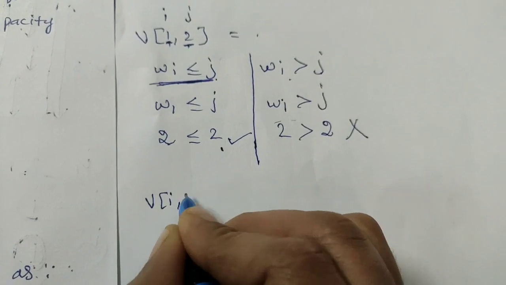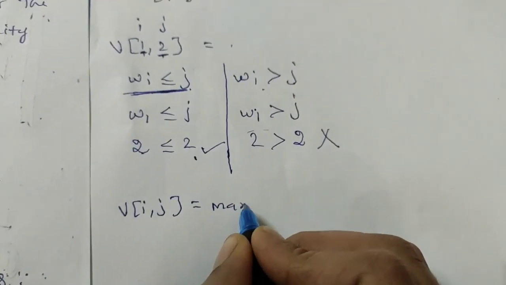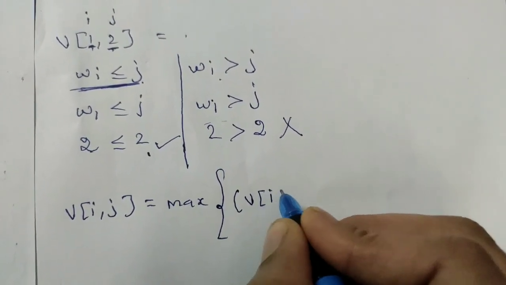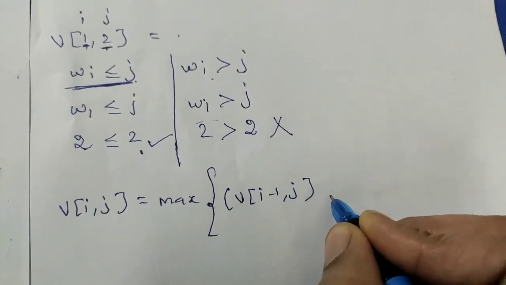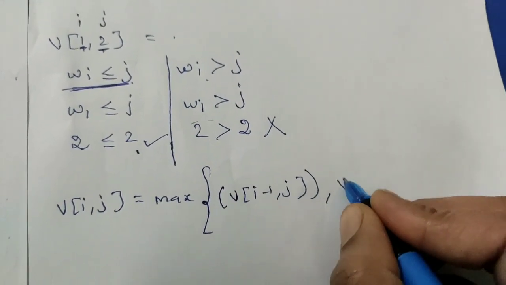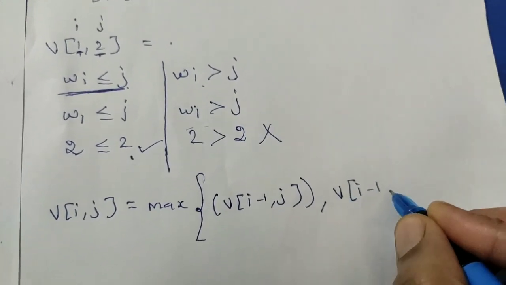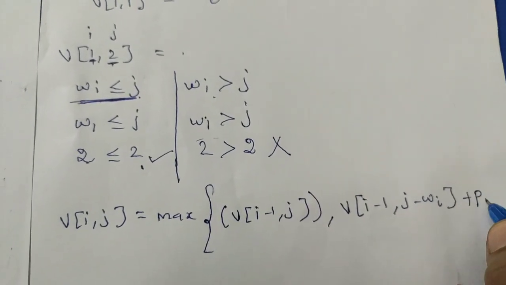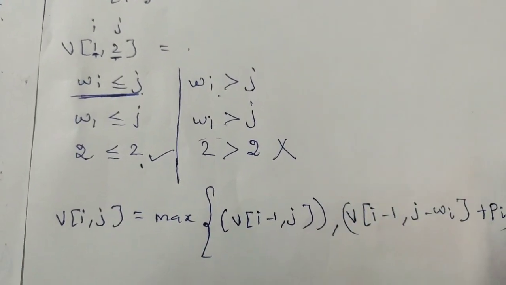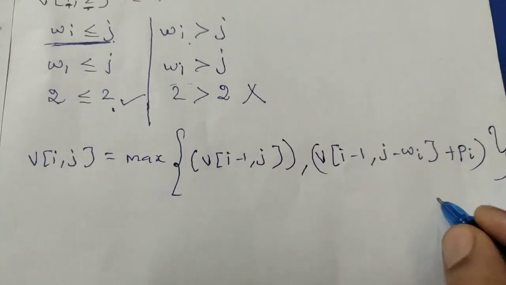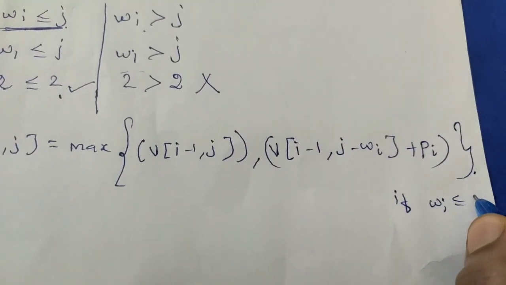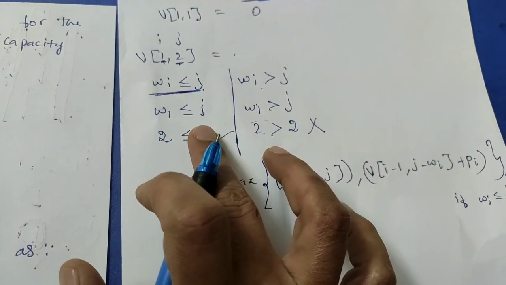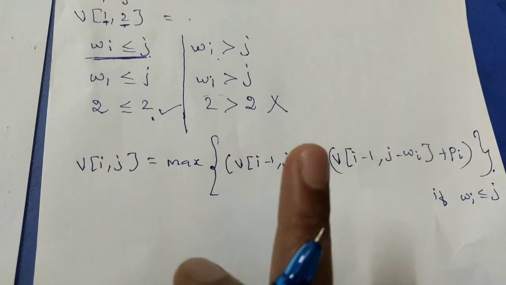V of I comma j is equal to maximum of V of I minus 1 comma j, comma V of I minus 1 comma j minus wi plus profit of the item. This is the formula you need to use if the weight of the item is less than or equal to the current knapsack capacity. So as per this location, this condition is getting satisfied. The respective formula to be used is this one.